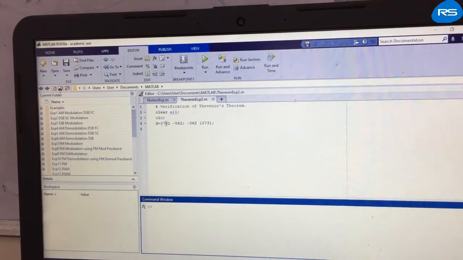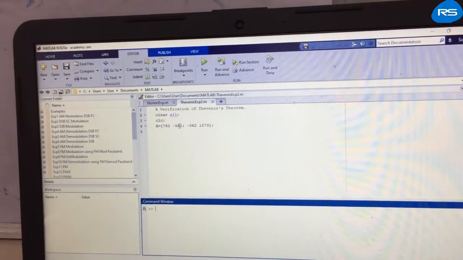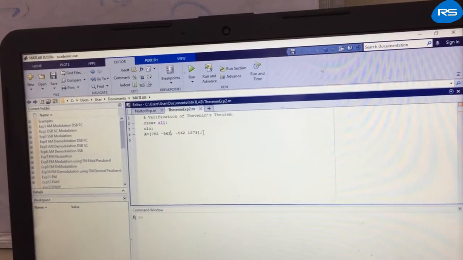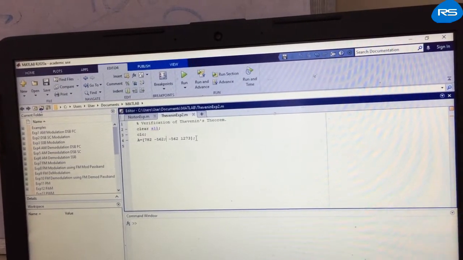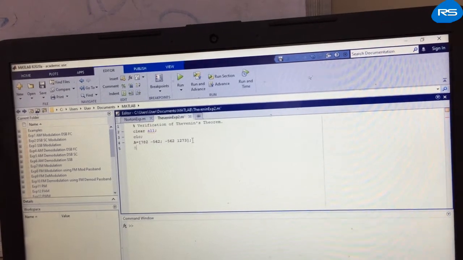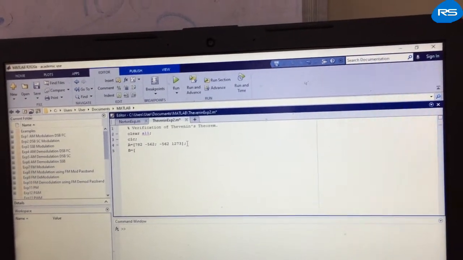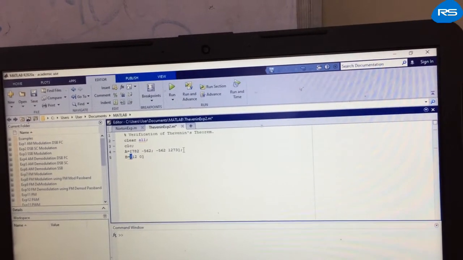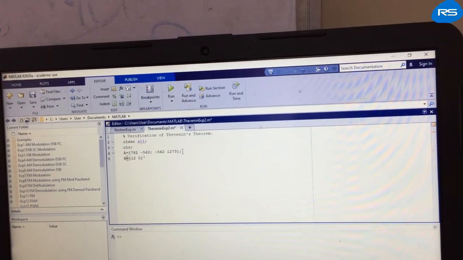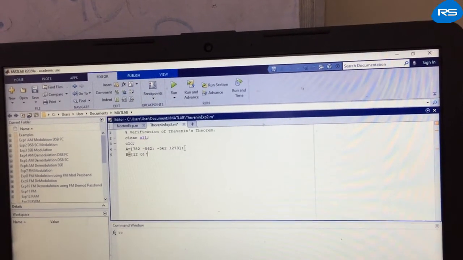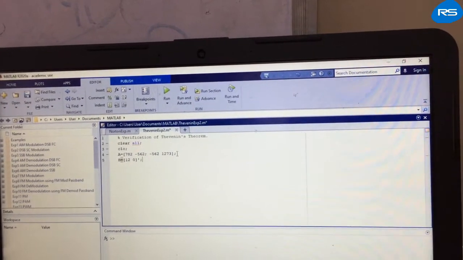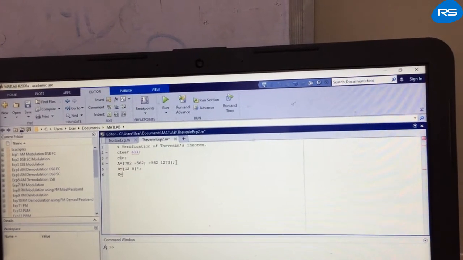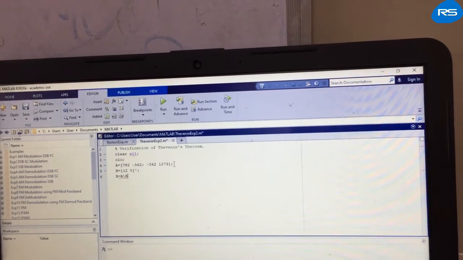Matrix A is equal to 782 minus 562 semicolon minus 562 1273 semicolon, and matrix B equal to 12 0, and we take the transpose of this matrix because we have to convert this row matrix into a column matrix, and the solution of this matrix is given by A backslash B.